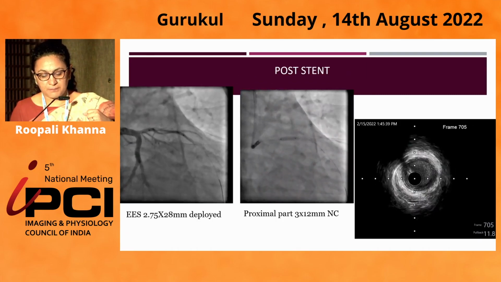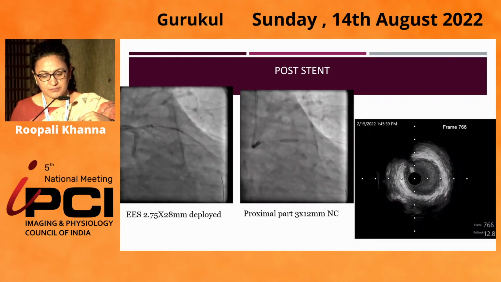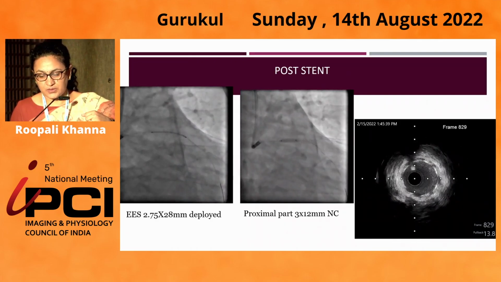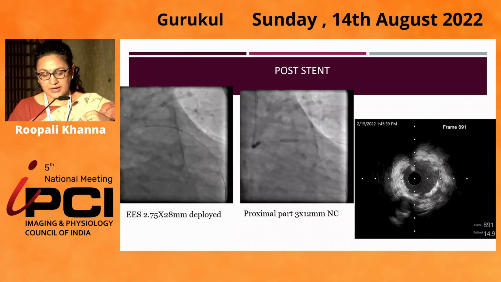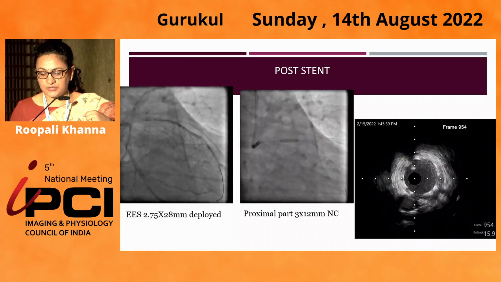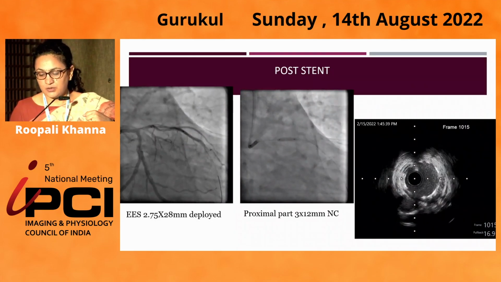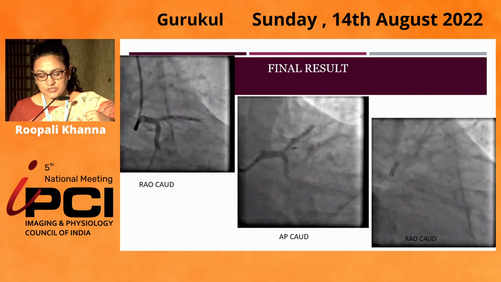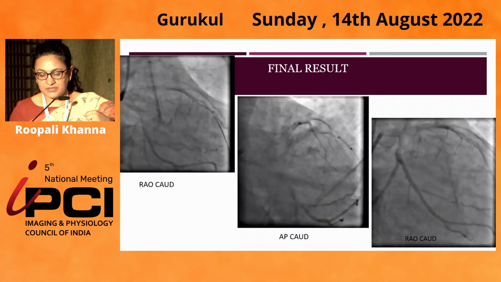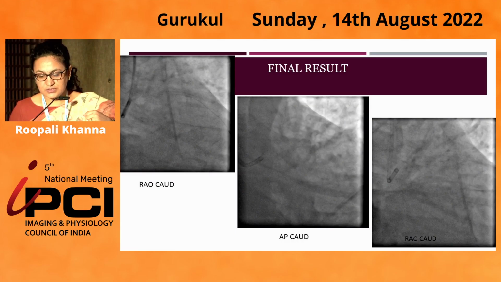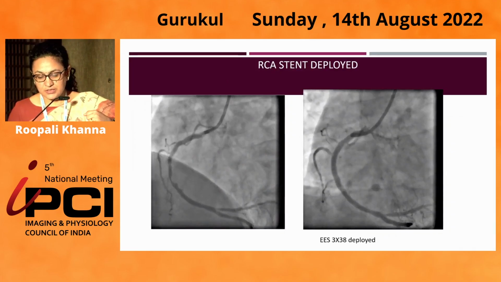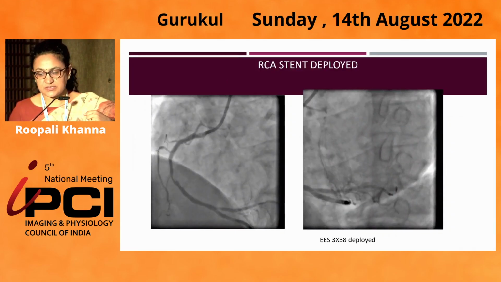Based on IVUS measurements, a 2.75 by 28 mm stent was implanted, and then the proximal part was dilated with a 3.0 by 12, and IVUS showed a good expansion of the stent. This was the final view, having a good TIMI 3 flow, and the RCA was then dealt with. An RCA 3.0 by 38 stent was deployed in the same sitting.